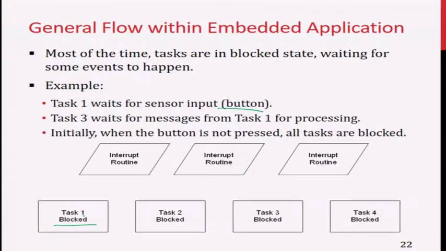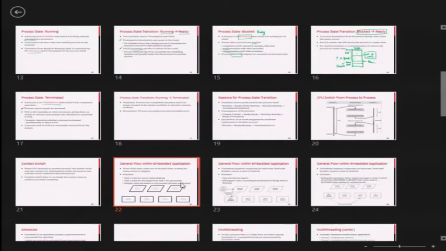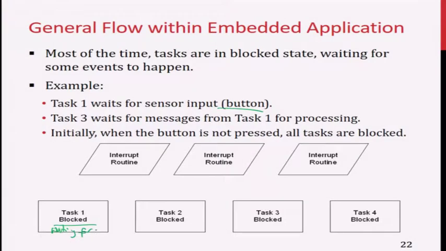In this case, the resource is the message, correct? That means task 1 is blocked because it is waiting for a message. It's not waiting for anything else. It's waiting for somebody to send a message. So who will send the message?